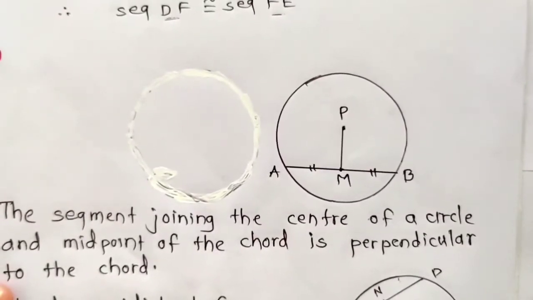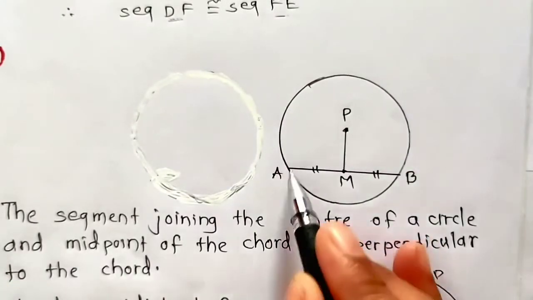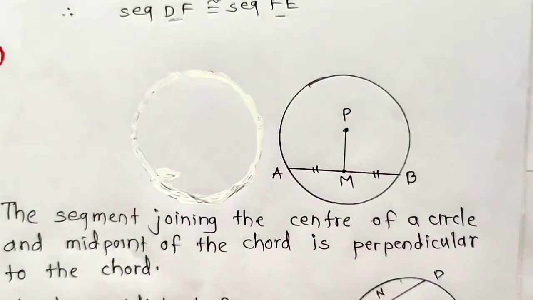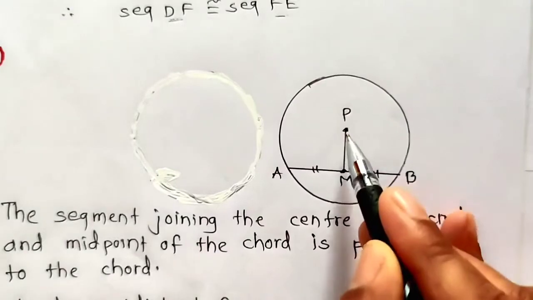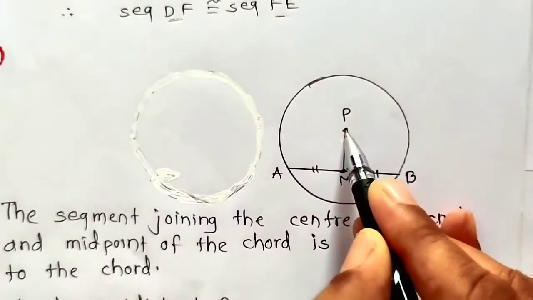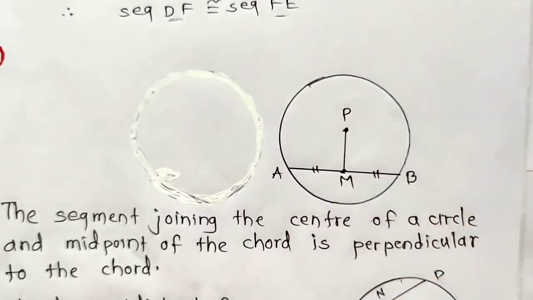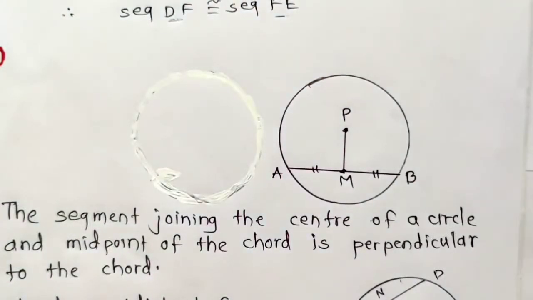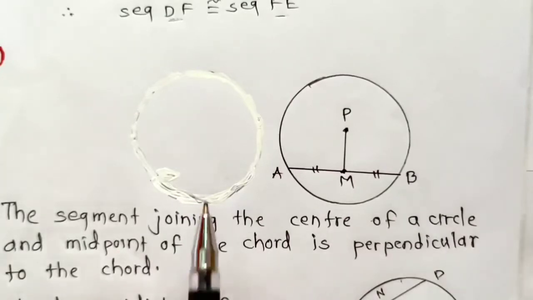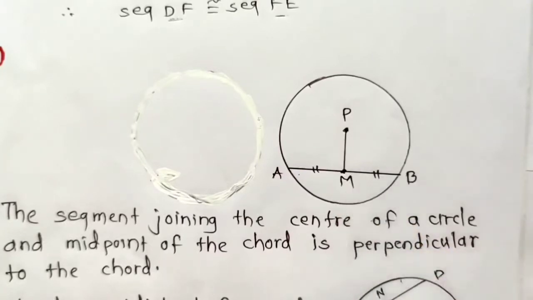The next property of a chord: in this figure, P is the center of the circle, AB is one of the chords, and M is the midpoint of that chord. The segment joining the center of the circle and the midpoint of the chord is perpendicular to the chord. That is the second property. Means here in the first one, if a perpendicular is drawn, then it bisects the chord, and here if we join the midpoint, then that segment is perpendicular to the chord.